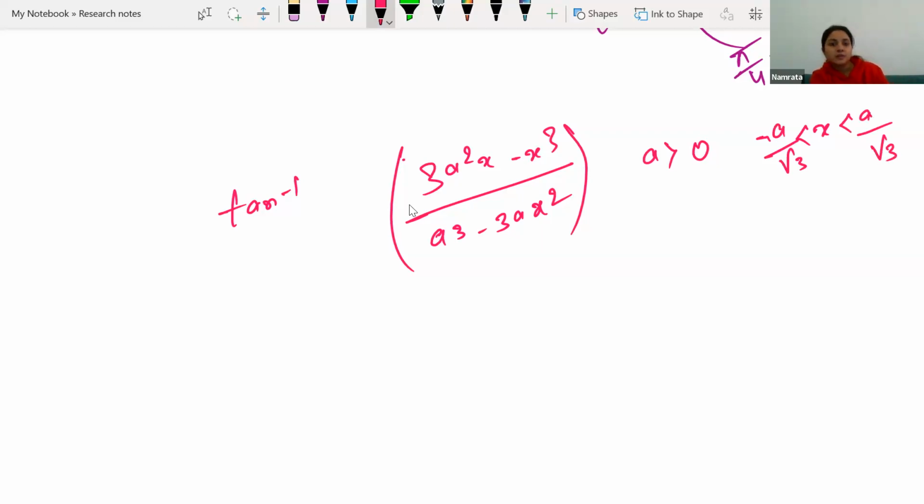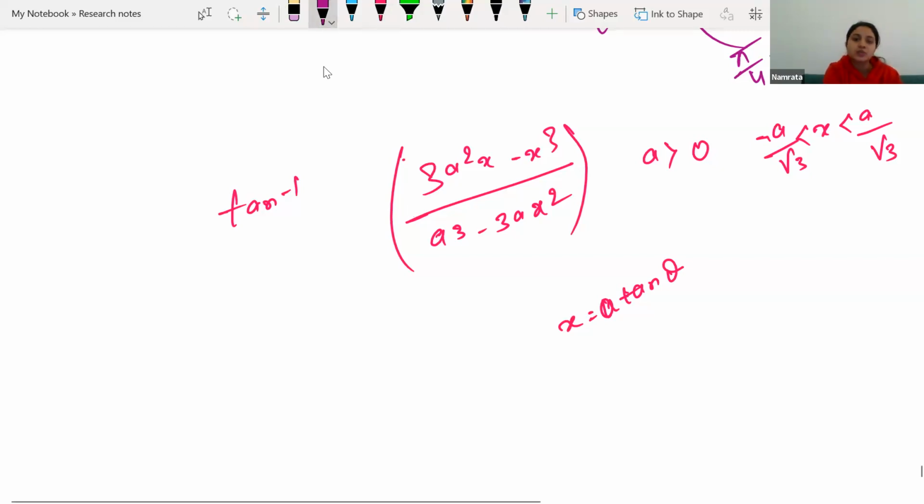What to do over here? Substitute x by a tan theta. A tan theta, exactly. If we substitute it, here only I am showing so that we can do it quickly.